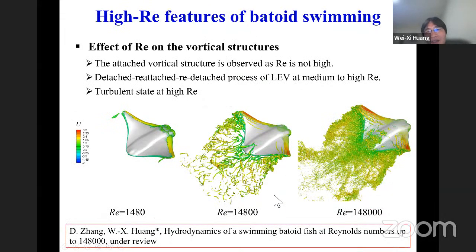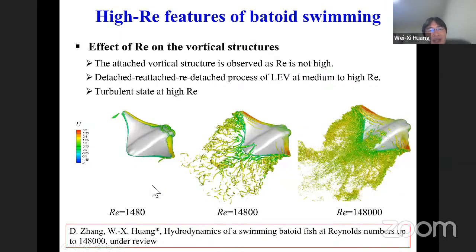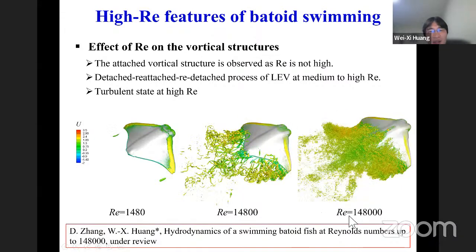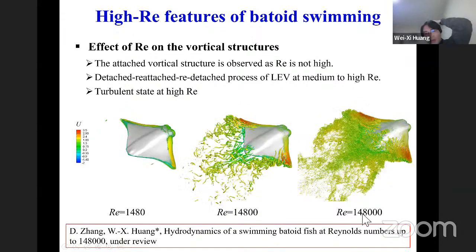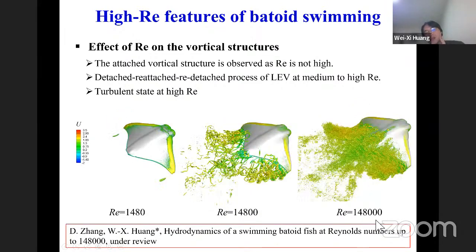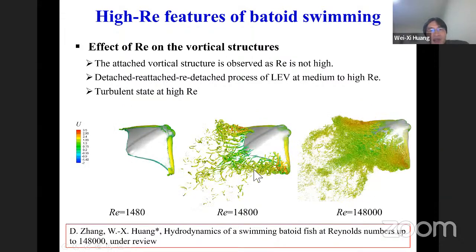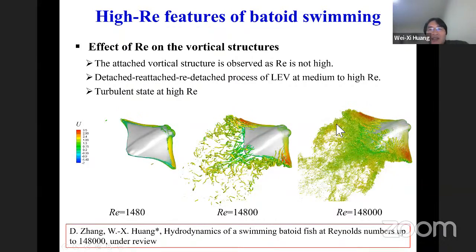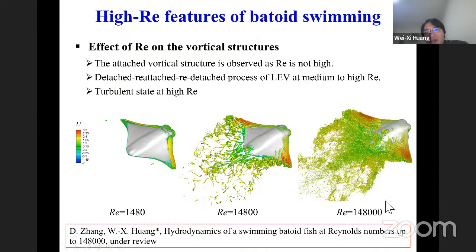And then we consider the flow at a high Reynolds number. Here we compare three Reynolds numbers. The highest one is about 150,000. We can see the vortex structures become more complicated, and the turbulent state is obvious at the highest Reynolds number.